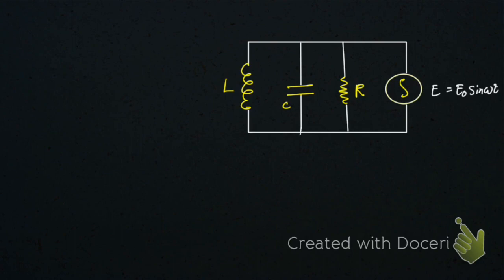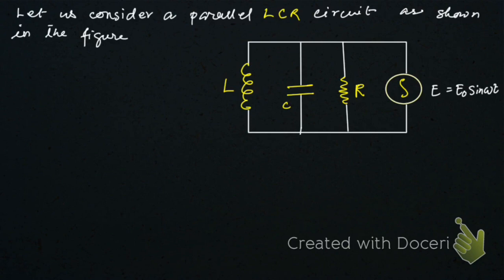Let us suppose this is a parallel LCR circuit, and the total current drawn from the source is I, the current through the resistor is IR, through the capacitor is IC, and through the inductor is IL.